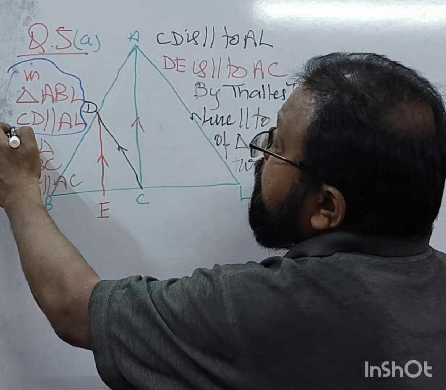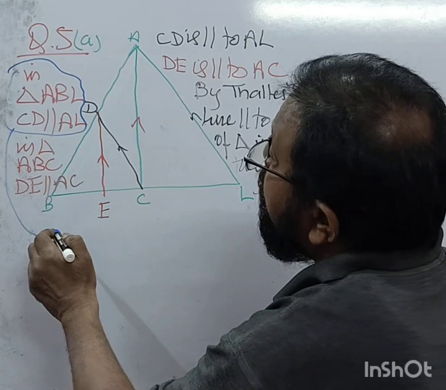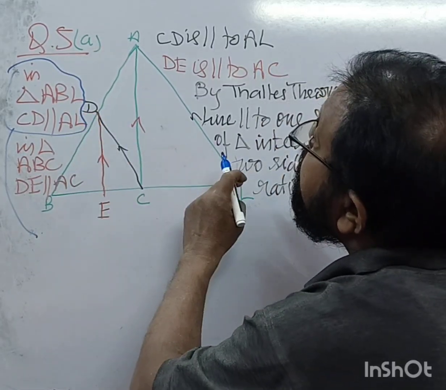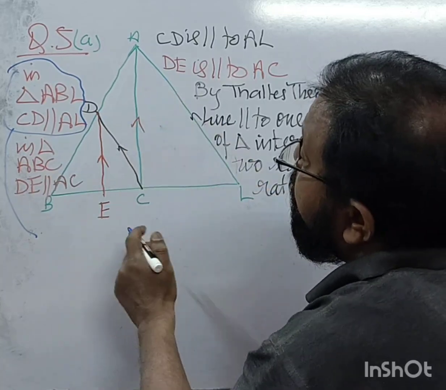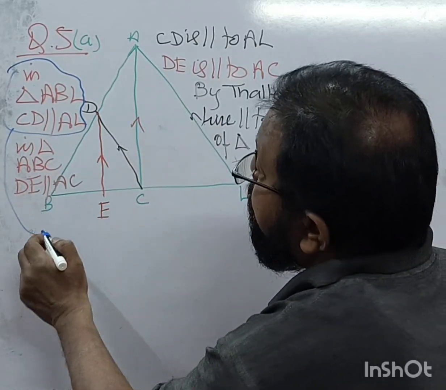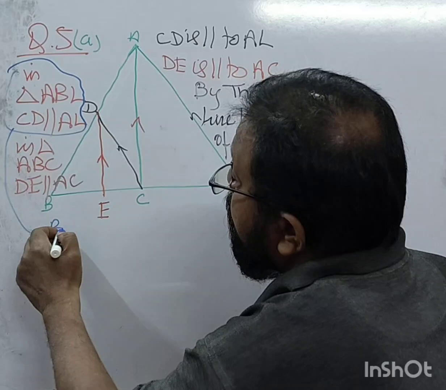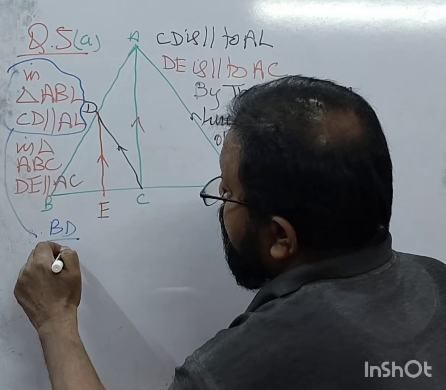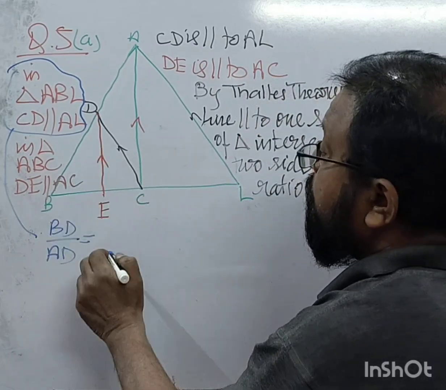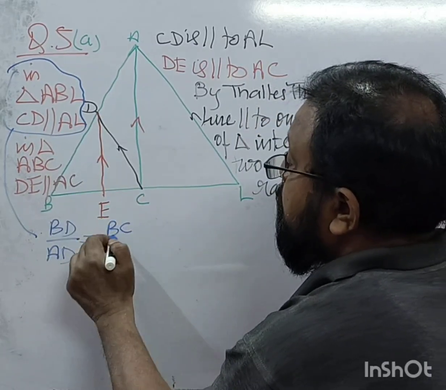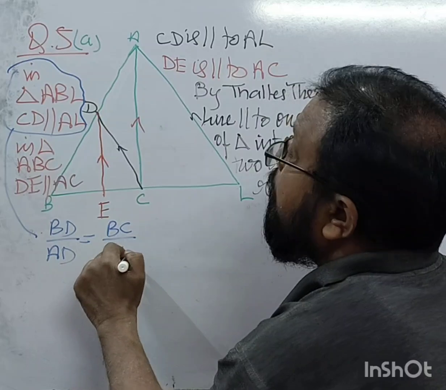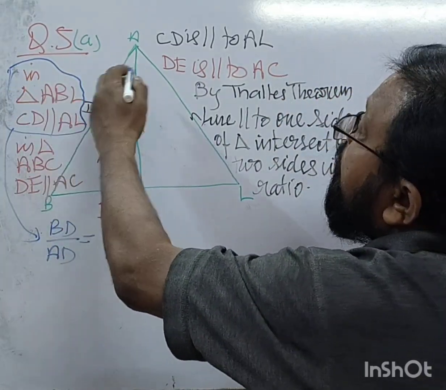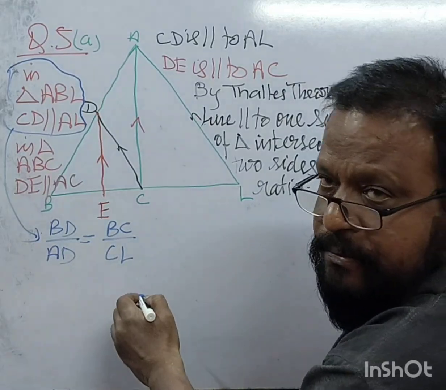So therefore we can write, CD is parallel to AL, it means BD upon AD is equal to BC upon CL, right? By Thales theorem, on applying here in triangle ABL, they are in this ratio.